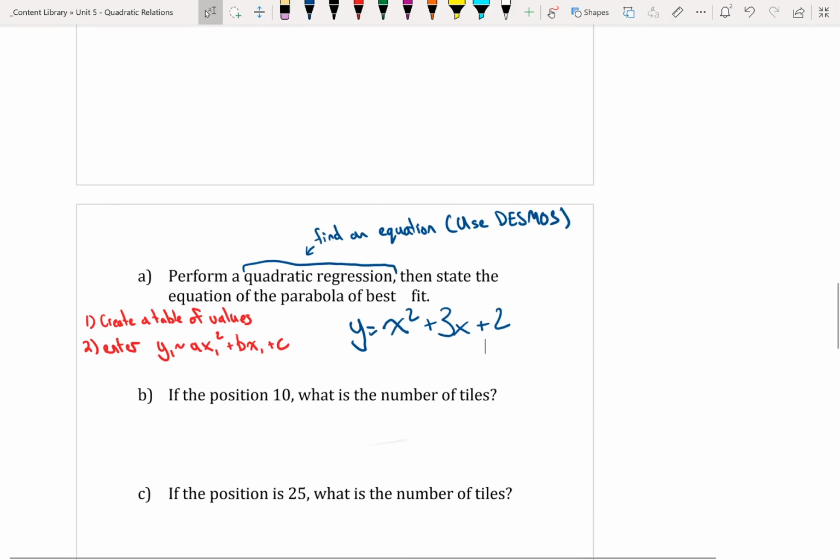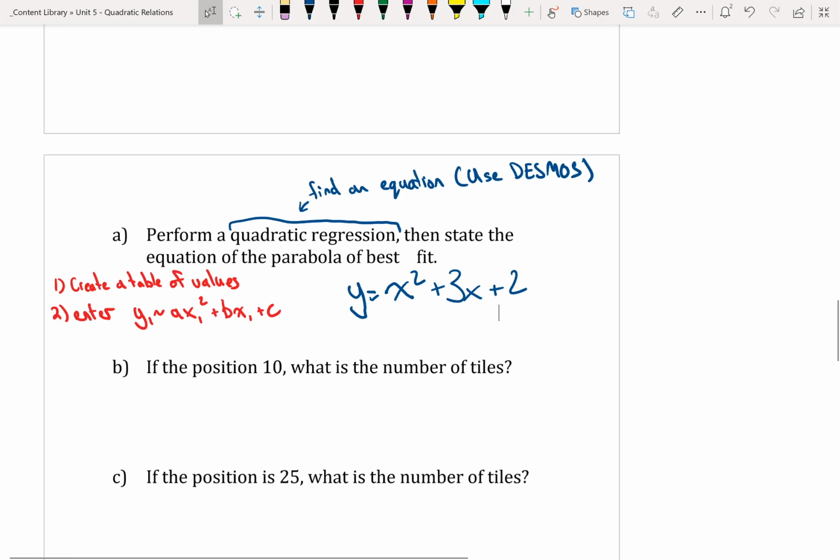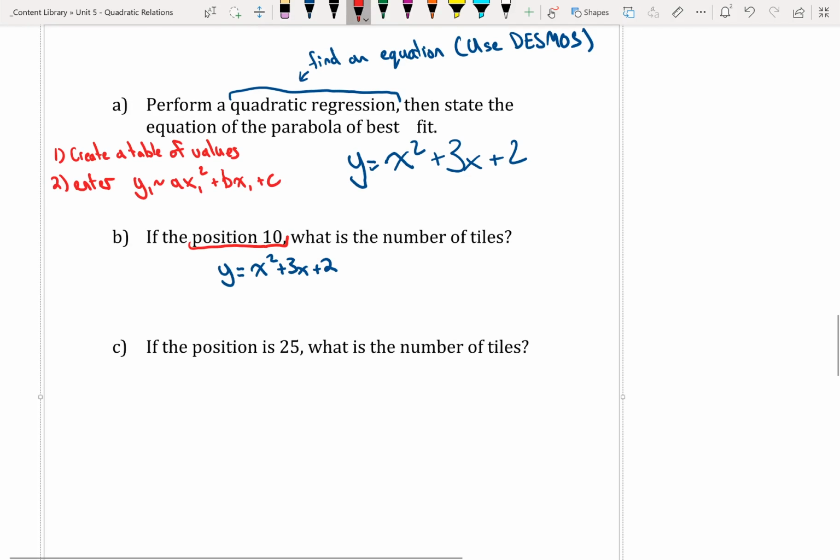So we're going to go back here, and for b, I want to know if it's at position 10, what is the number of tiles? I could go through and make a new diagram for position 6, 7, 8, 9, 10, but that's just going to get very tedious. This equation is what I can use to help me figure this out. If I have this equation, y equals x squared plus 3x plus 2, this position number is basically just what x is equal to.